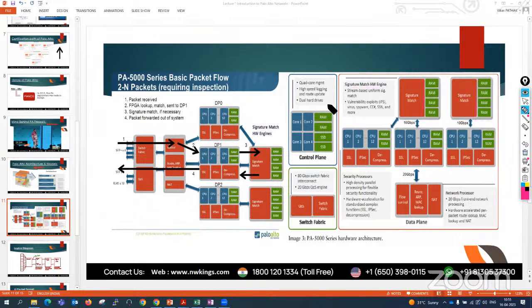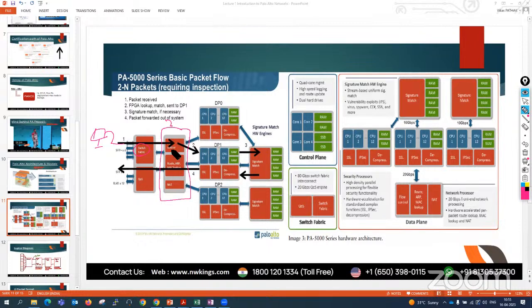Now, if you want to see the packet flowing, can you see? This is my user. The traffic is coming to my switch fabric. From the switch fabric, it's going where? To the network processor, where ARP and everything is going on, NAT and everything. Flow control is being checked, right?